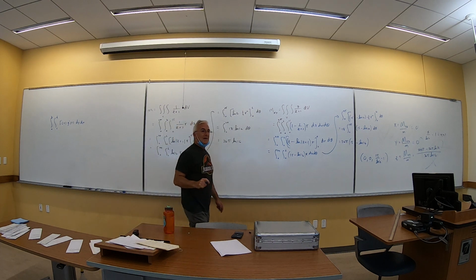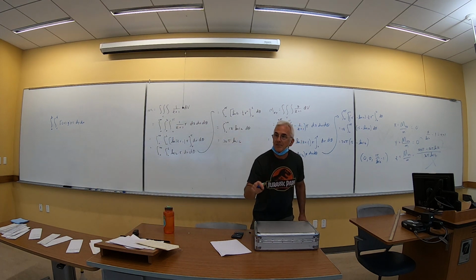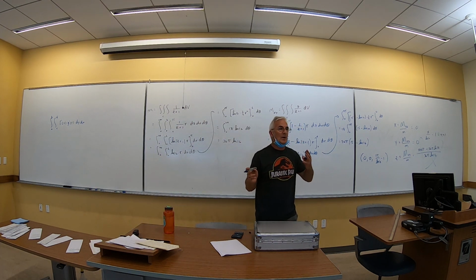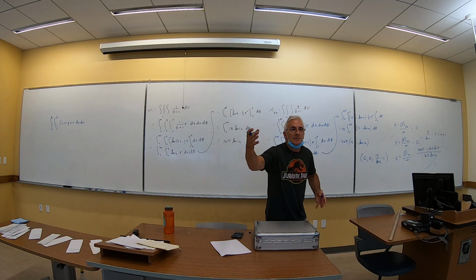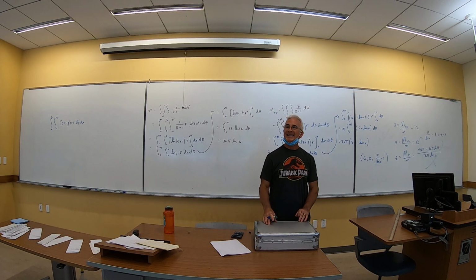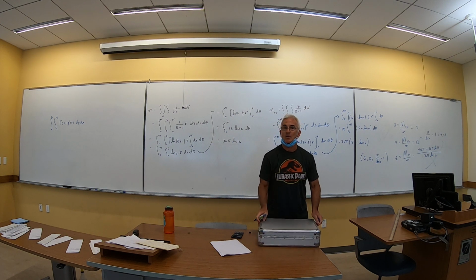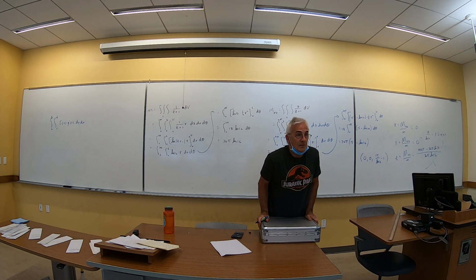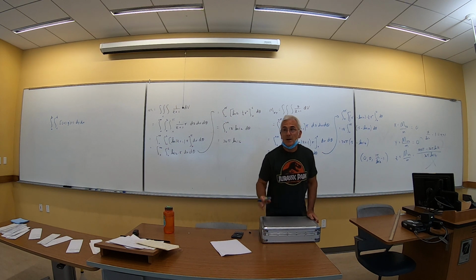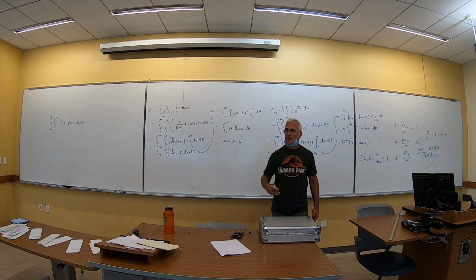My integrand is a product of a function of x and a function of y. If it helps you, maybe it's x squared times y cubed. But what it isn't is x squared plus y cubed. It could be a quotient also, like 1 over x squared. But I have a function of x times a function of y.